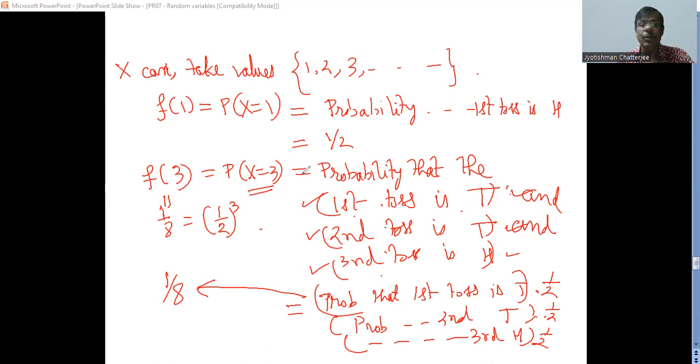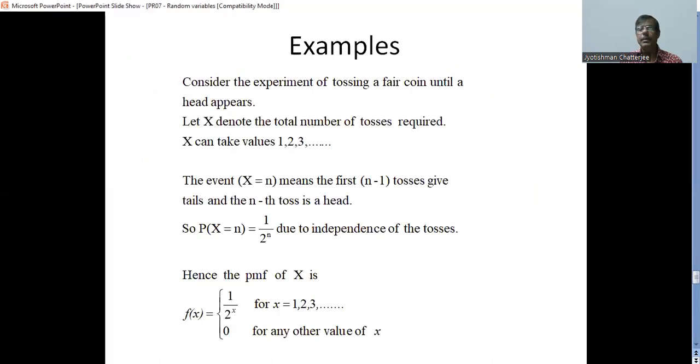Right? So once we understand this logic, we can write down f of n for any integer n. And that way we can write the formula of the PMF. The formula of the PMF is written here.